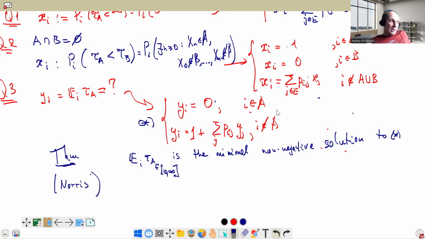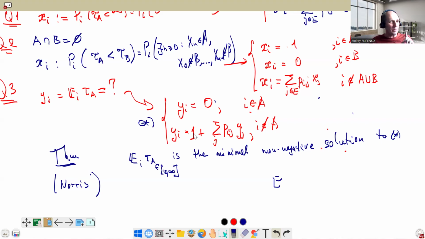If the state space is finite, sometimes you may find a unique solution which is just finite. Then you are done. Then this solution is the minimal non-negative solution. However, if E is infinite, then theoretically there are infinite solutions. There may be a non-unique solution to this equation. And the statement is that among all non-negative solutions, there is a minimum.